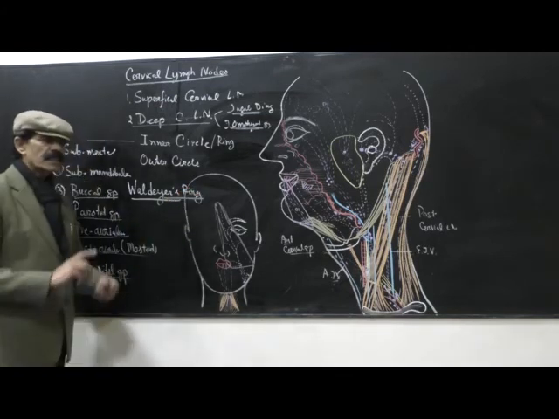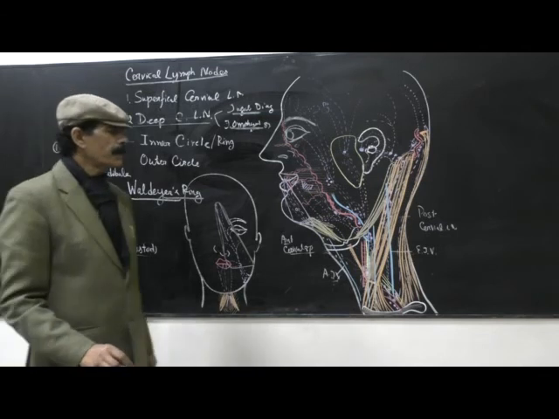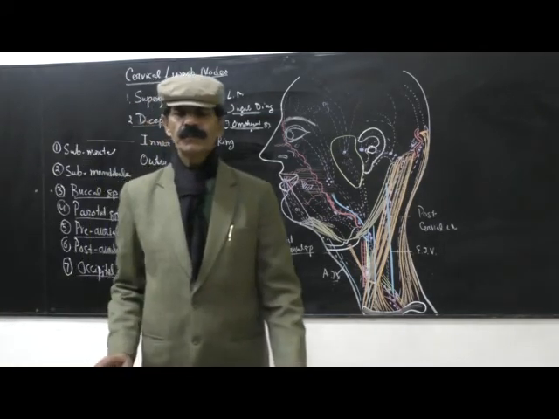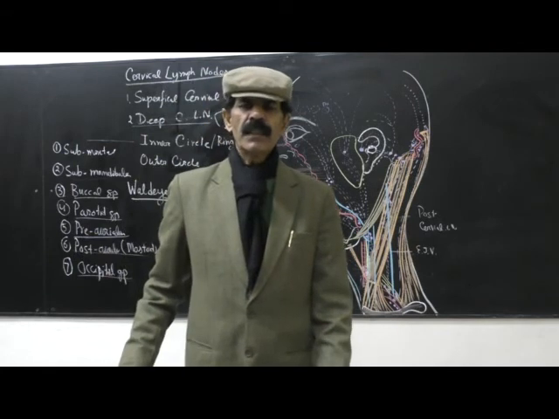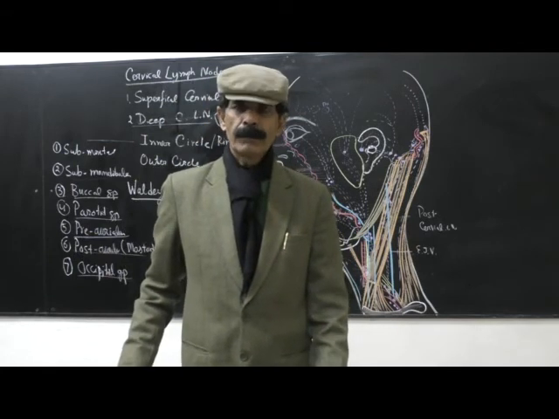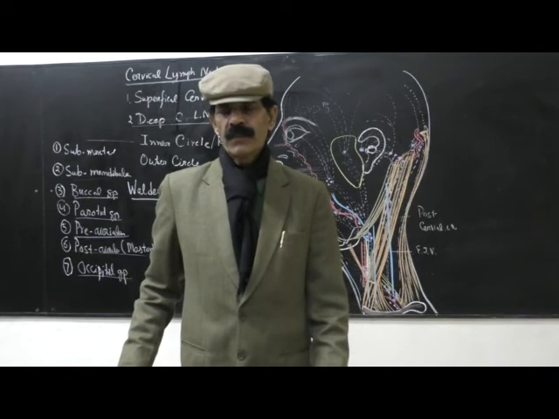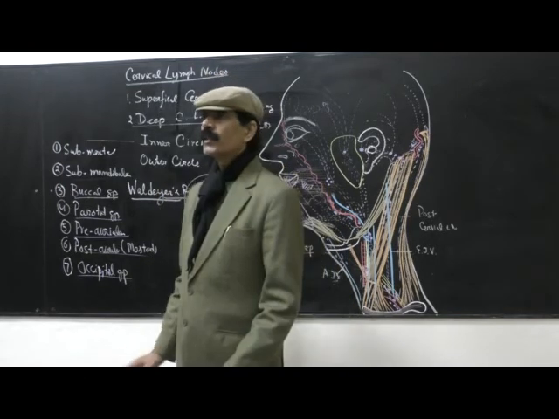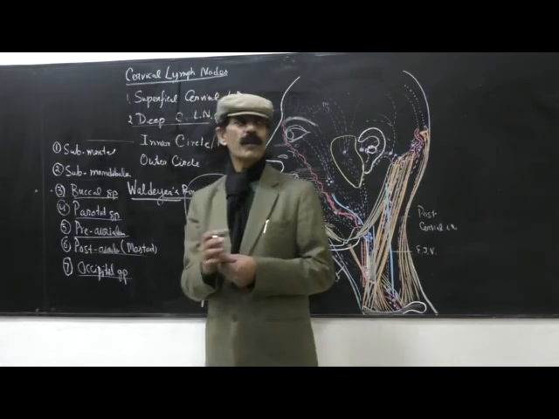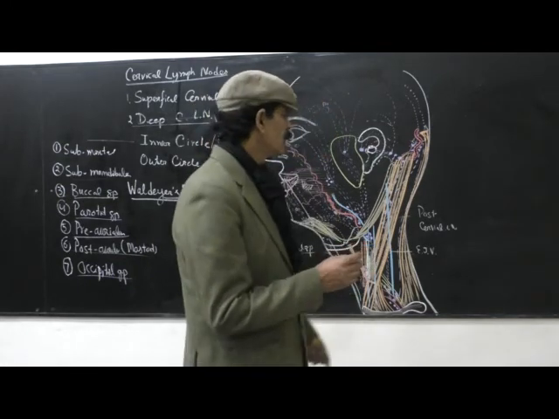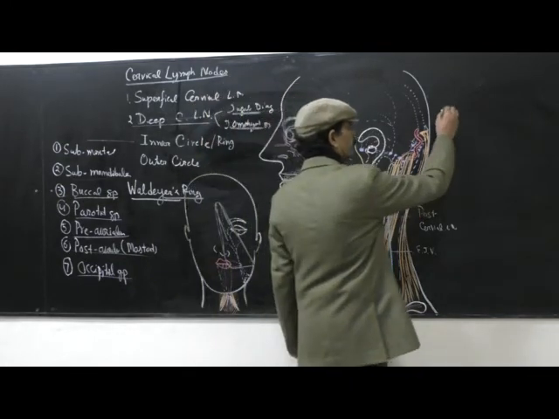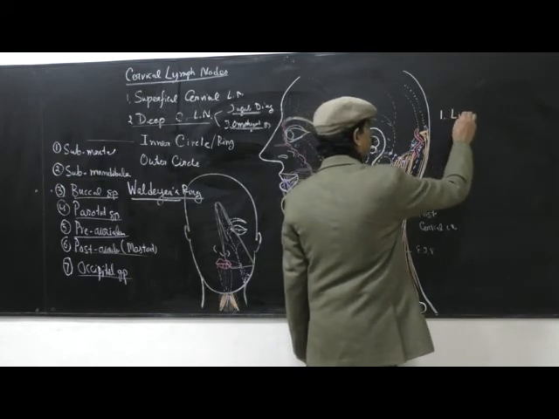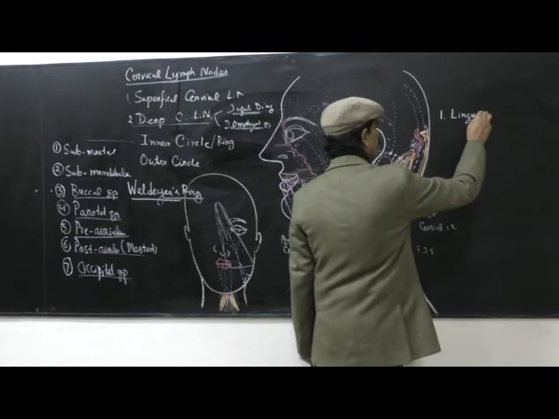So Waldeyer's ring is a ring which is formed by the various lymphatic tissue collections in the submucosa region. The lymph nodes which form the Waldeyer group of the lymph nodes are, number one, the lingual tonsil in the substance of the tongue.